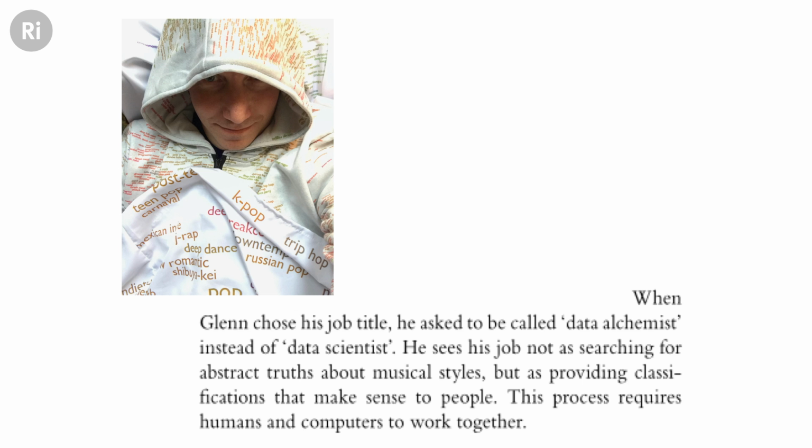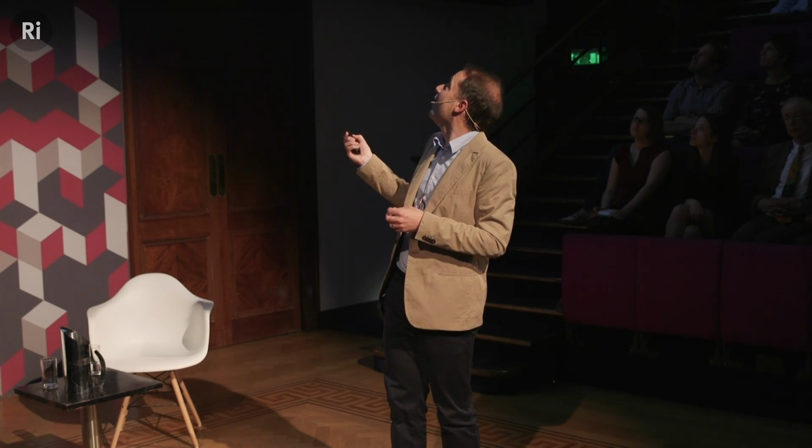This is another person who I met, who I had a lot of respect for. This is Glenn McDonald, and if any of you use Spotify, you use Glenn's algorithm. He is the guy who decomposed the whole of music and created music genres which Spotify uses to tell you what you're going to listen to next. He was an amazing person to talk to. He was really emotionally involved with the music that he listened to.